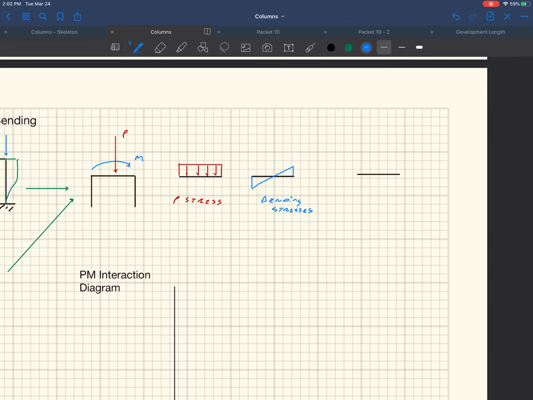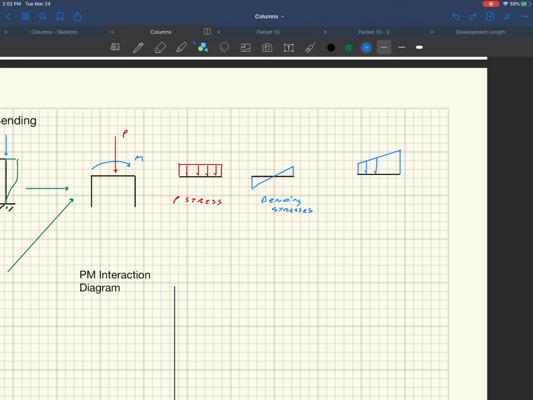Okay. And you add them together, you would have a behavior that would look like this. You end up with this case where you don't really have any tension.